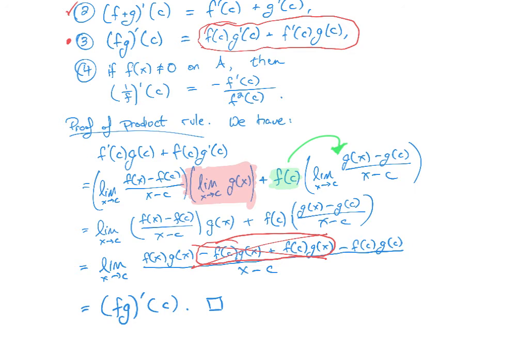And so the creative algebra part is you have to replace precisely one of those, f of c or g of c, with a limit. And you have to leave the other one alone. And then you get the magic cancellation. Okay? I invite you to try the algebra where you take the other one as the limit, it works out, and you can try both of them as the limit, and it doesn't quite work out to give you what you want.